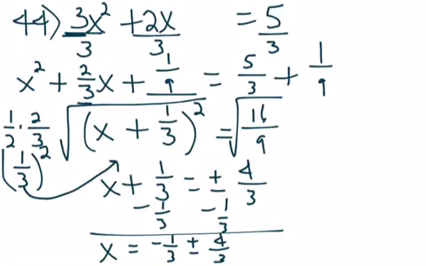So if you do negative 1/3 plus 4/3, that's 3/3, so that answer is 1. If you do negative 1/3 minus 4/3, that answer is negative 5/3. So there are your two answers for that problem.